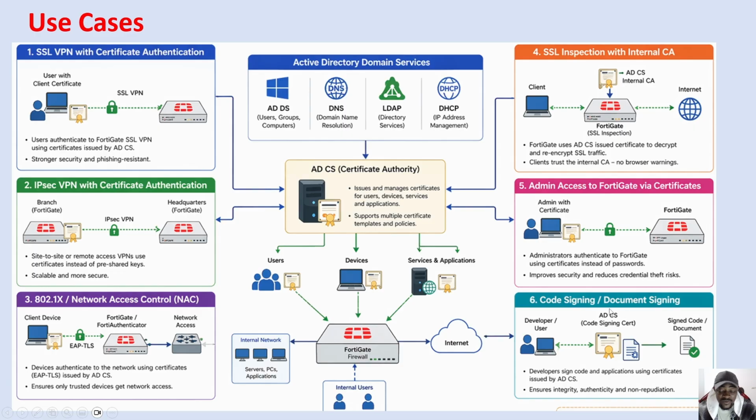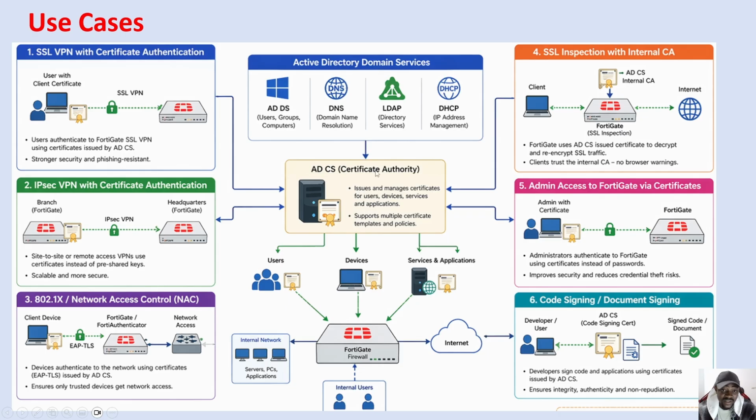Let's say, for example, you have software developers on your infra who need some certificates that they will be using to secure access to some application on the network. So you can also provide those certificates directly from the ADCS.